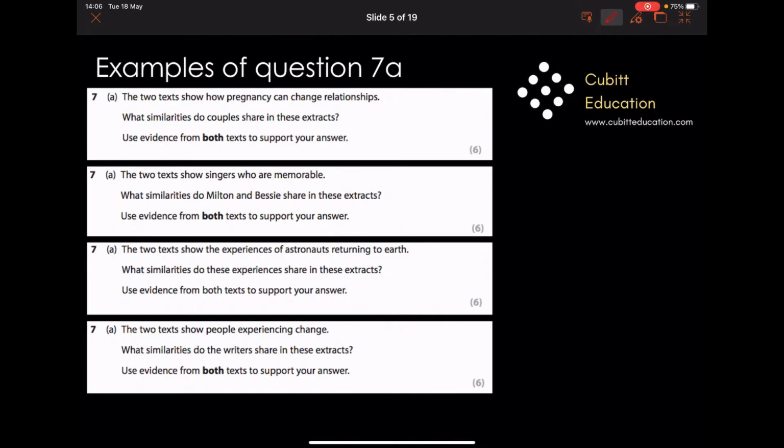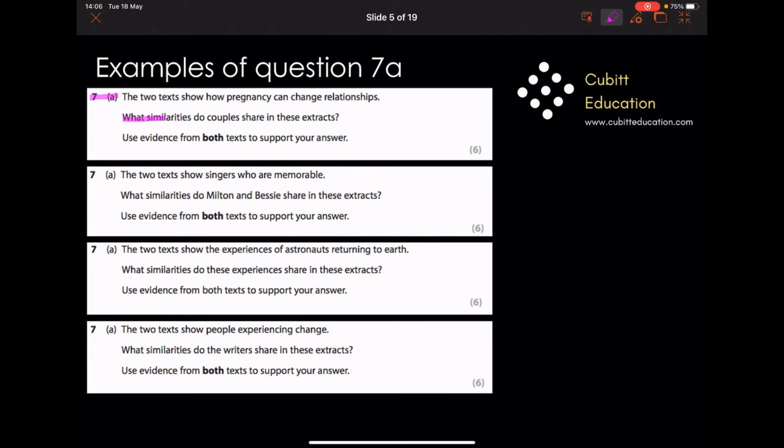Okay, so let's just have a look at some examples of question 7a. So what I've done here is I've taken 4 different 7a questions from different papers over a few years, and we're just going to look at how they look and how similar they are. So if we look at example 1 just here, it says here that the 2 texts show how pregnancy can change relationships.